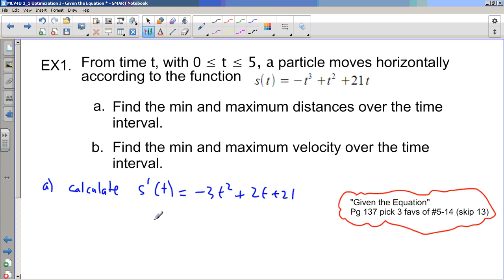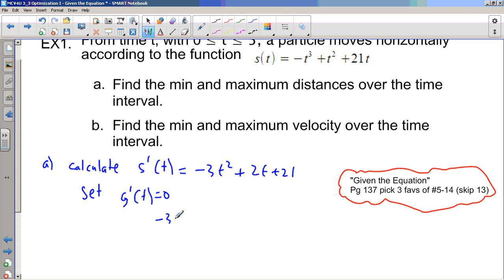Hopefully that derivative's right, and then I set that to 0, right? Because minimums and maximums happen when the derivative is 0. So then I got negative 3t squared plus 2t plus 21 equals 0. I'm going to multiply everything by -1, and I don't know, does this factor? Does this factor? I'm not sure.